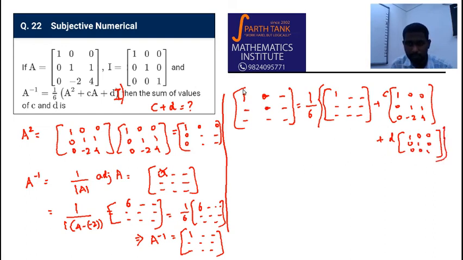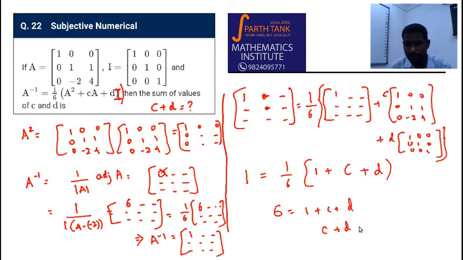Now look only at the first elements. So I get 1 is equal to 1 by 6 of, the first element is 1, the first element here is 6 C, and the first element here is D. So this becomes 6 is 1 plus C plus D, or C plus D is 5.